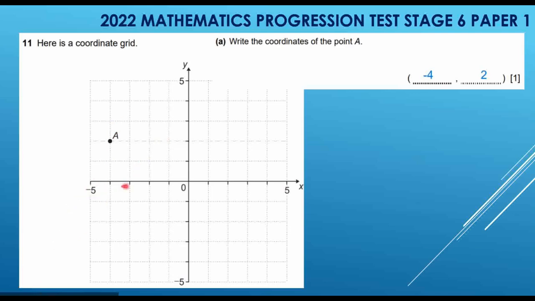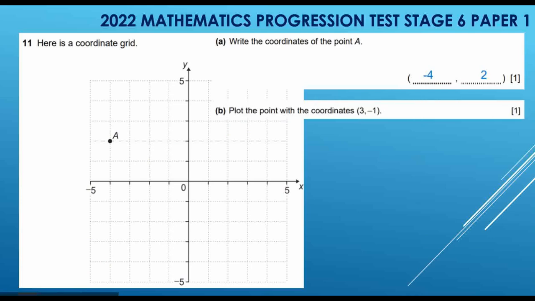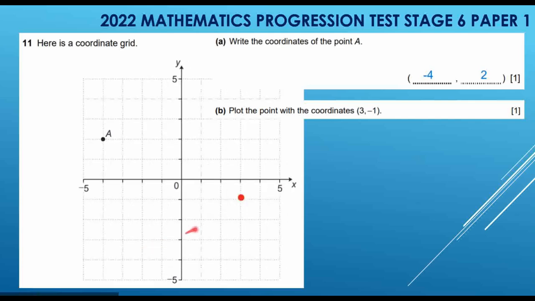So this is -4 in X and 2 in Y. Question: plot the point with the coordinates 3, -1. Here's the answer. 3 is 1, 2, 3 and go to -1. Next.